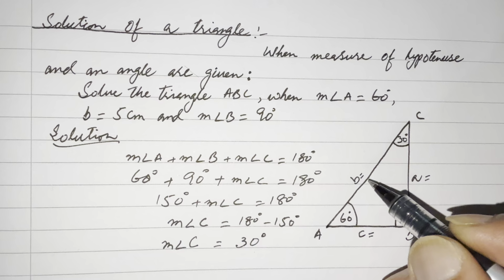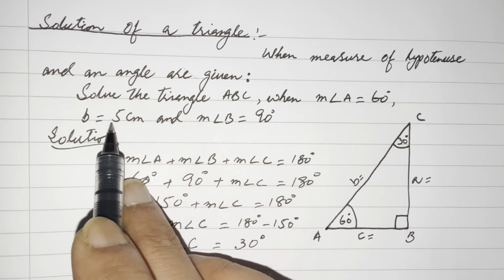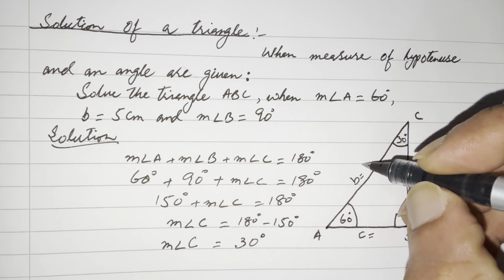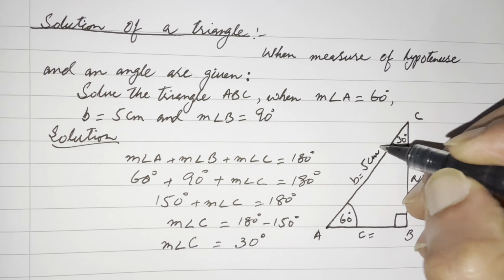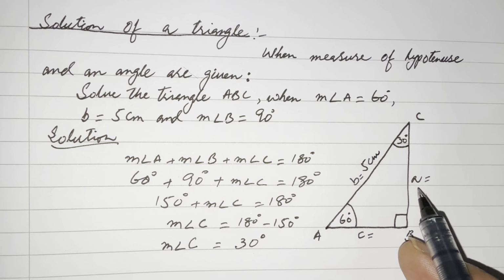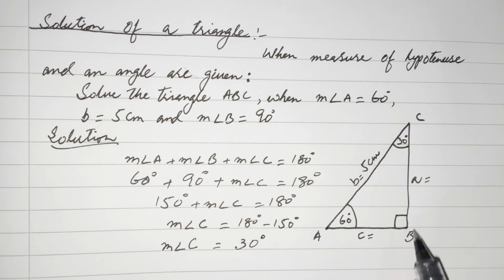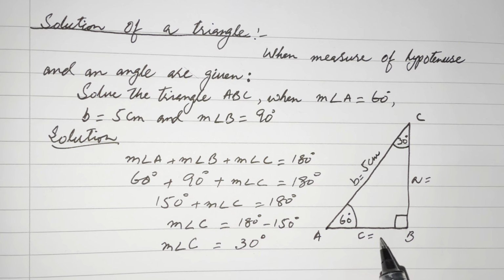So b is given, as you can see, the length of side b is 5 centimeters. So we can say that this side length is 5 centimeters. Now we have to find the length of side a, or BC, and the length of side c.